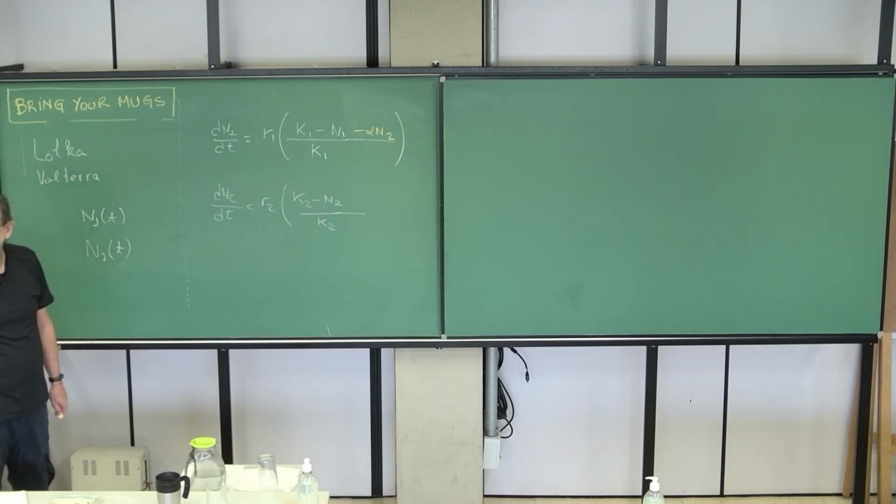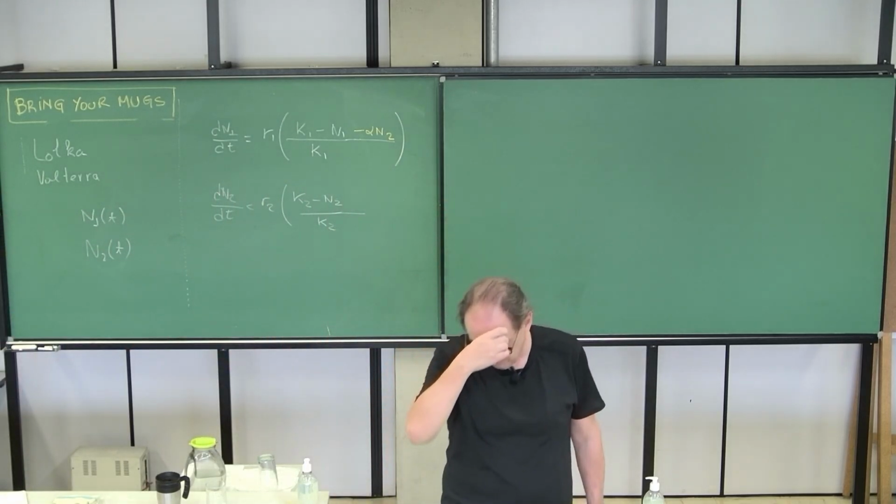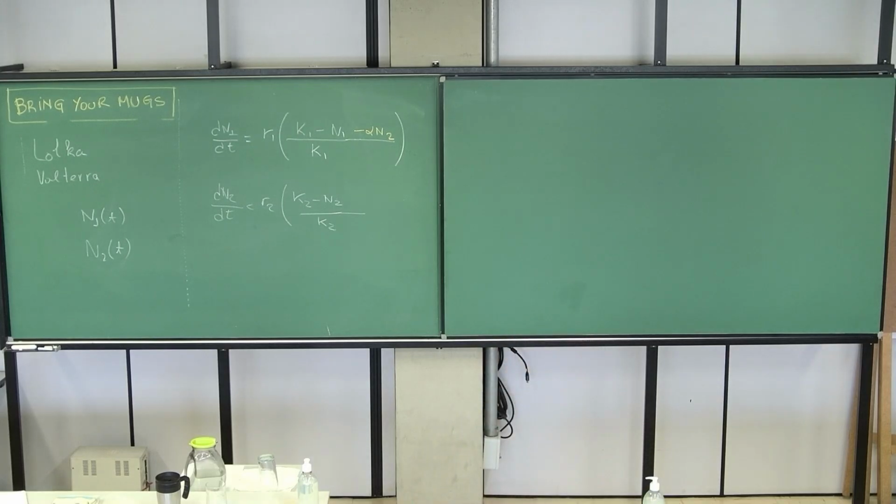Yeah? There's the mic. I didn't understand. This equation we've already seen, right? It's the same that we've seen last week. Then N1 is just the population without competition. We want to build a model for two competing species, which I call 1 and 2.